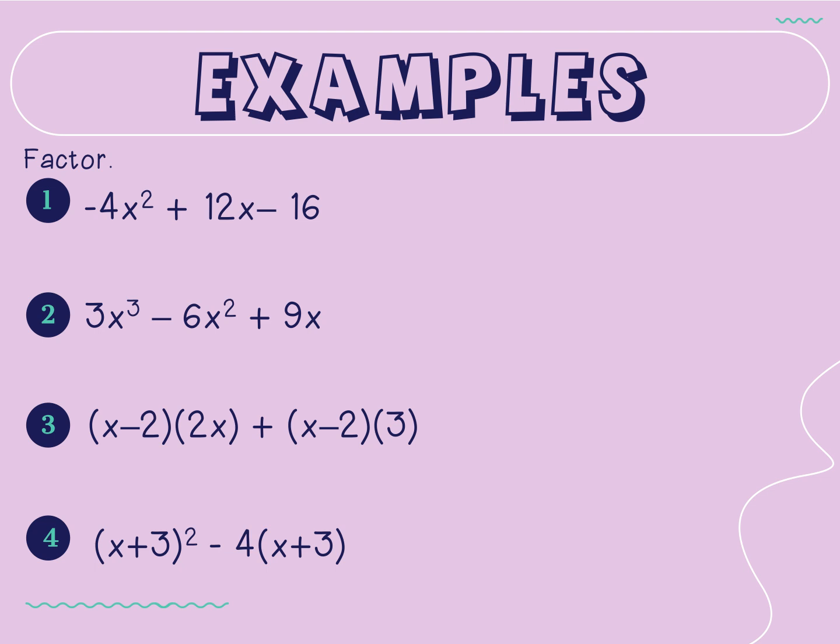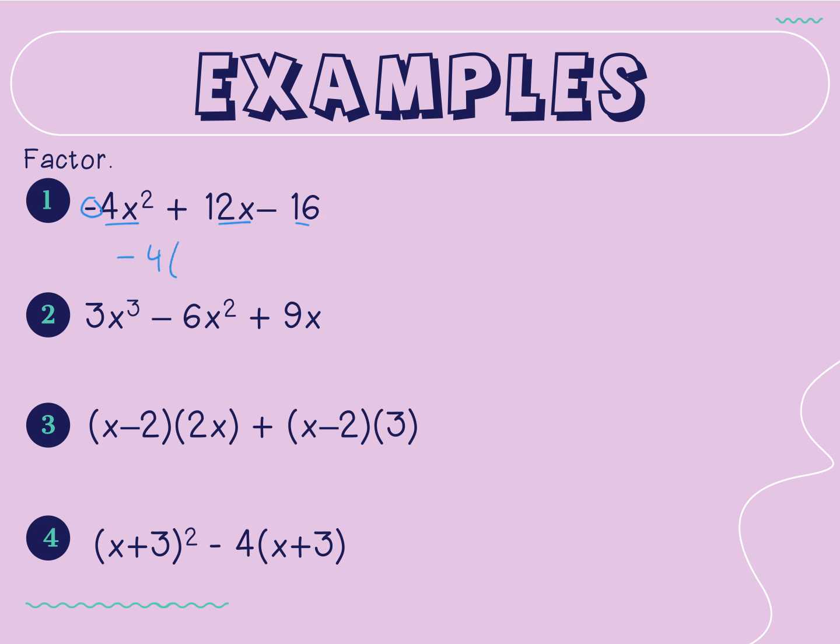So for these first 2 pretty basic examples, I'm just going to look at all of my terms, and I'm going to take out the greatest common factor. Typically, when our first term is negative, I like to pull that out first with it. So I'm going to take out a negative, and then between 4x squared, 12x, and 16, I can take out a 4.